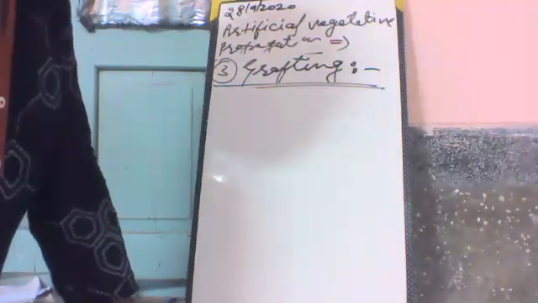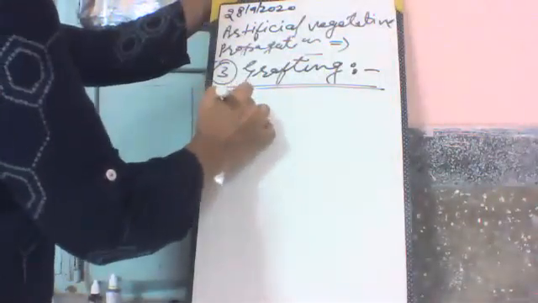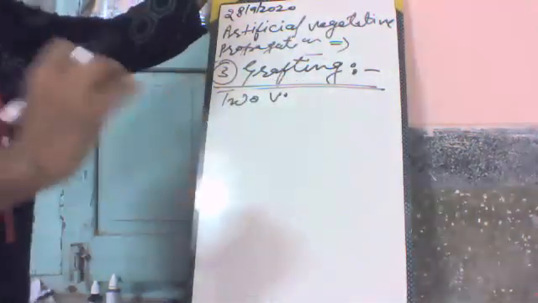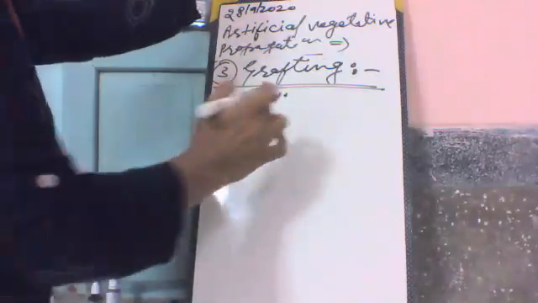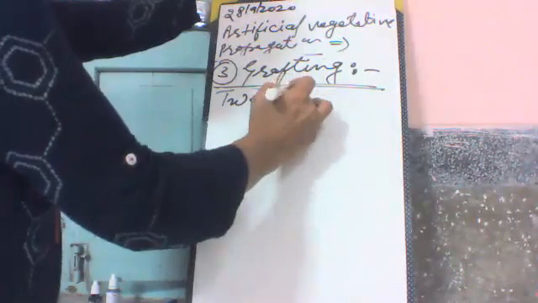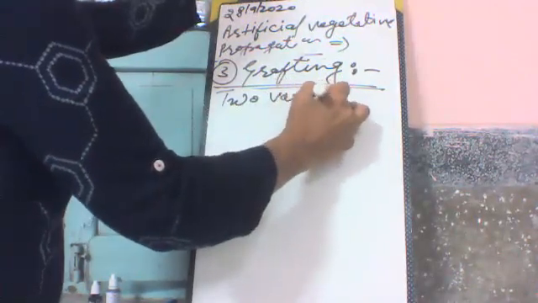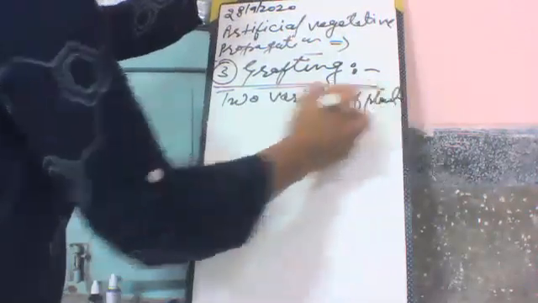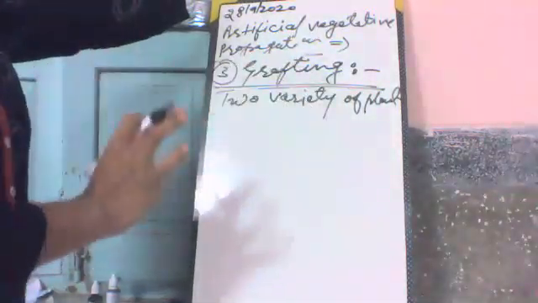The plant receiving the bud or the shoot is called the stock. We have to take two desired varieties of the same plant.